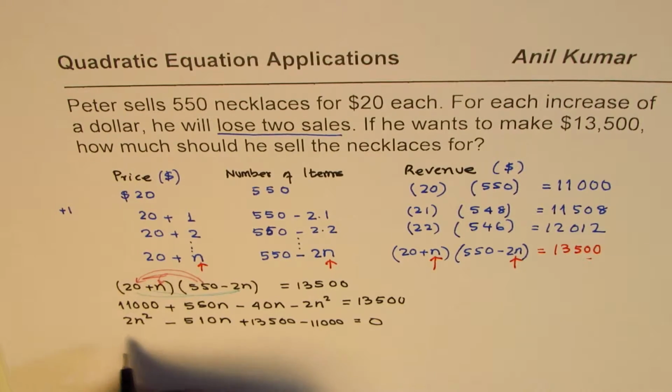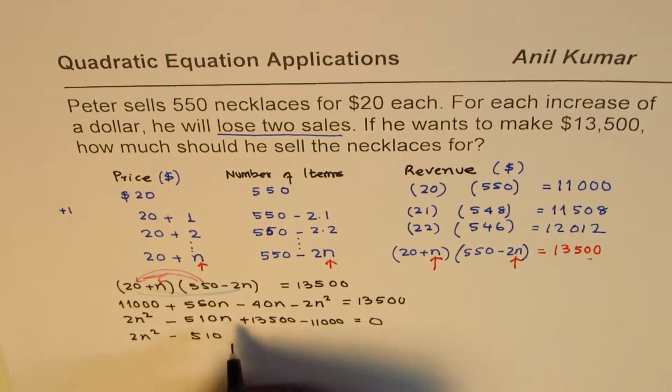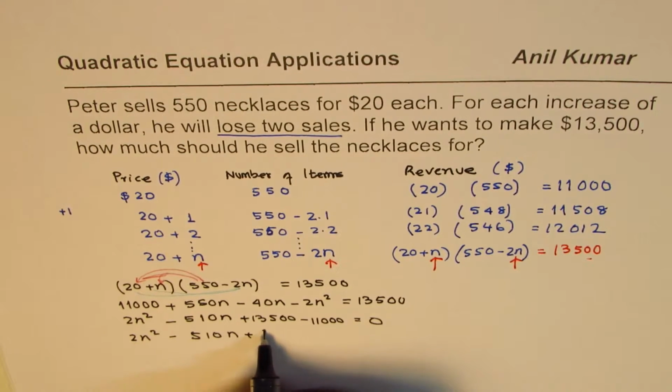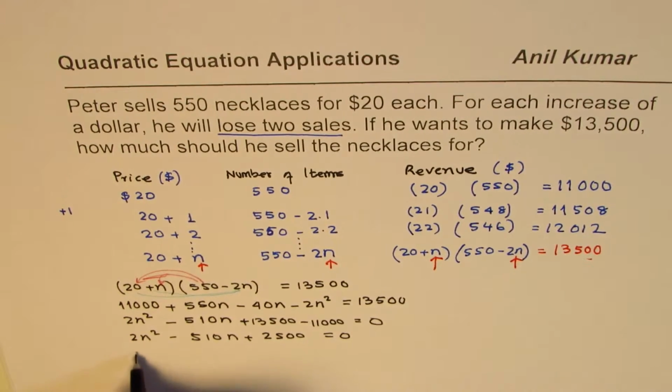Okay, now we have 2n square minus 510n, and when you take away 11, you are left with 2,500, okay, equals 0. You could take 2 common, right?